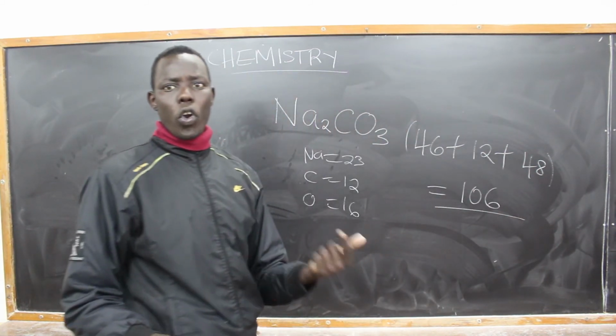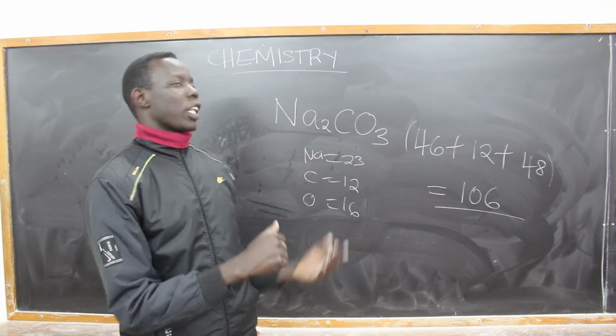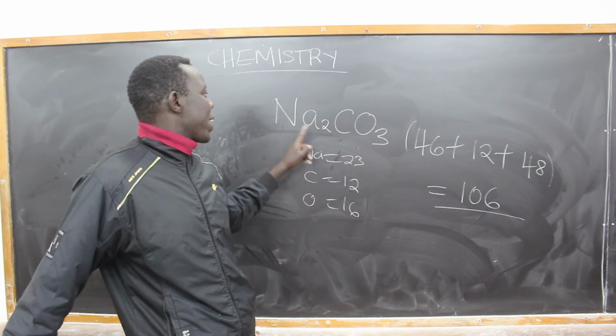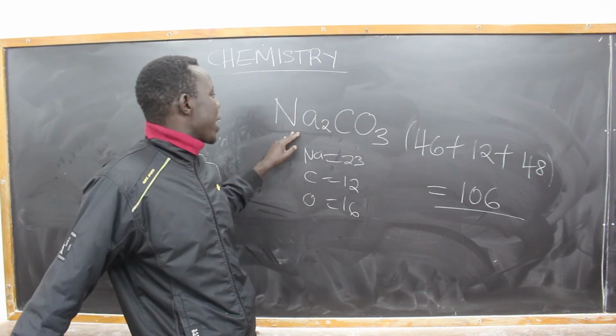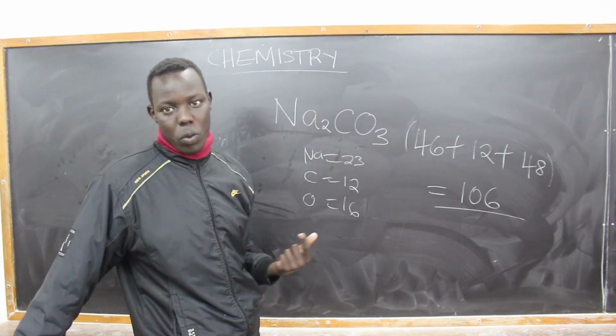That's what we do. First of all, know how to write a chemical formula for sodium carbonate. Because just imagine you've gone wrong. You write Na carbonate, then you skip the 2. You will get a wrong calculation.